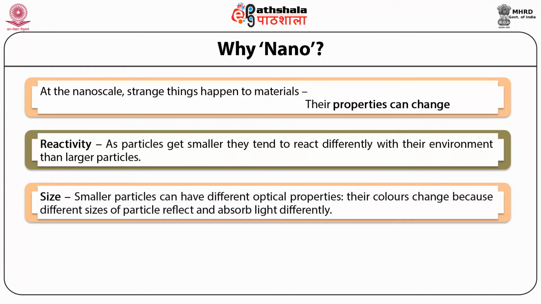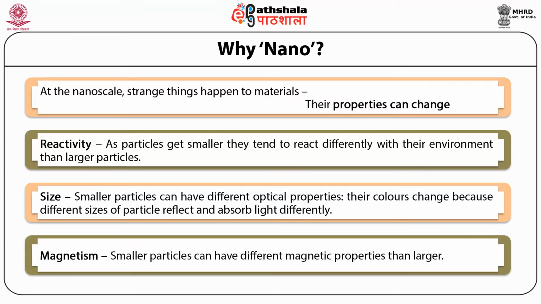Next is the size. Smaller particles can have different optical properties. Their colors change because different sizes of particles reflect and absorb the light differently. Next is magnetism. Smaller particles can have different magnetic properties than the larger ones.